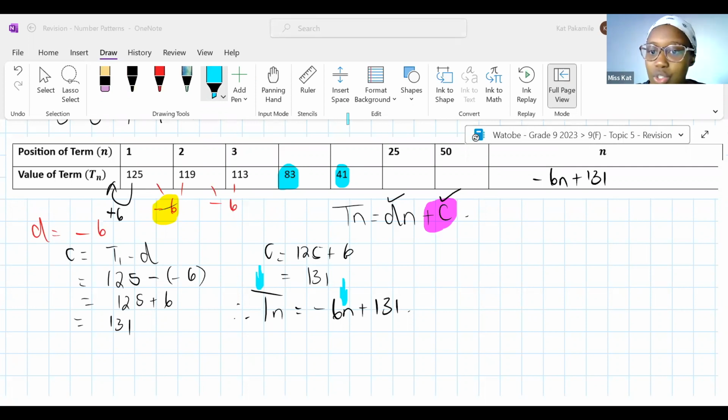Karabo says n. Let's hear what everyone else has to say. Amahle says n as well. Buntle, Lindelani, guys, look carefully. What have they given us? Did they give us Tn or did they give us n? Is 83 the position?